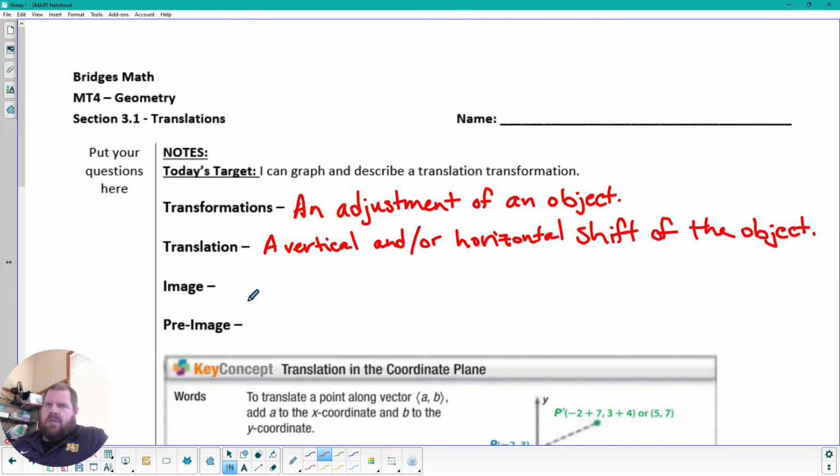There are two important things when it comes to any transformation, and that is the image and the pre-image. I'm not going to say that I'm the biggest fan of how they decided to name these, but the image is the resulting object after a transformation.